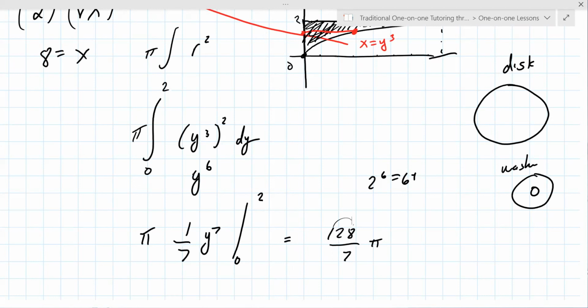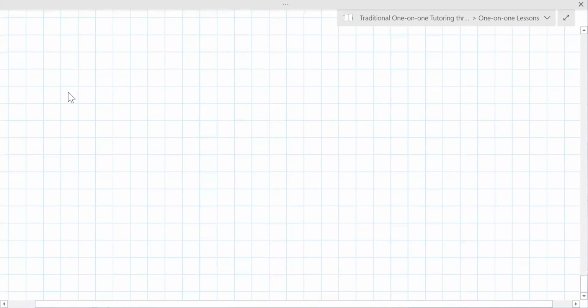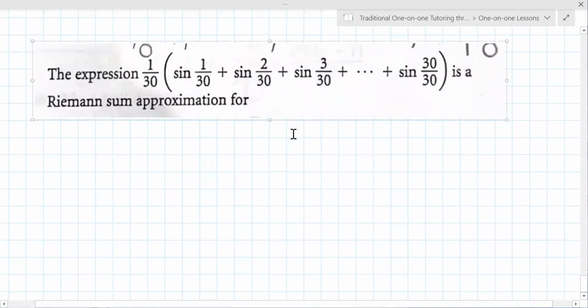I think definitely the next one, and then we can skip a little, maybe to 27, and then 28. Or maybe we could just do one that I have to find the Riemann sum for. Would that be easier?